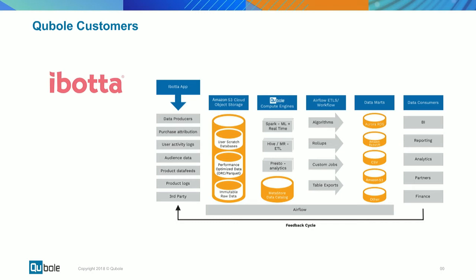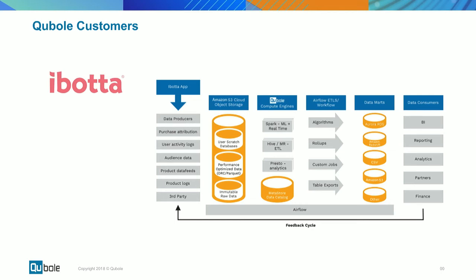Another important customer for us is Ibotta. Essentially, they help consumers get refunds by analyzing their receipts, right? Maybe there was a coupon that wasn't applied. And as you can see, they have a large number of data sources, and they use all of the Qubole engines that we discussed. So Spark, Hive, and Presto, for different types of queries, and that feeds into a number of data marts from which the information gets consumed.